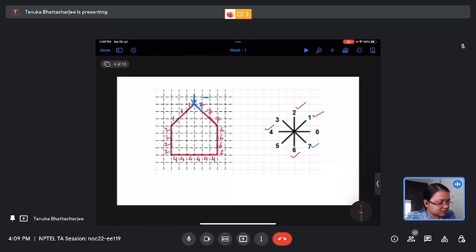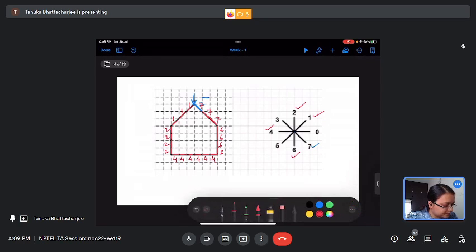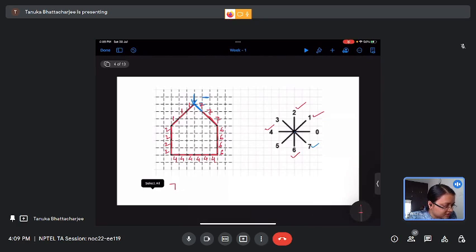So if we write down the final chain code, that will be 7 7 7, then 4 6s, then 4 4 4 4 4 4. This is the code.